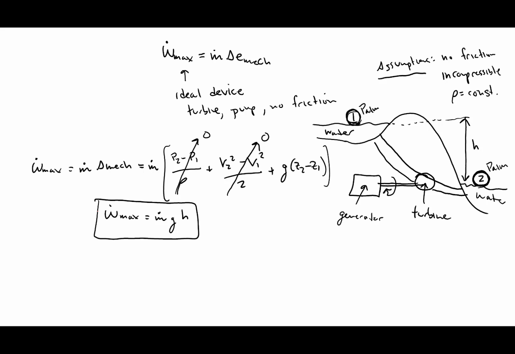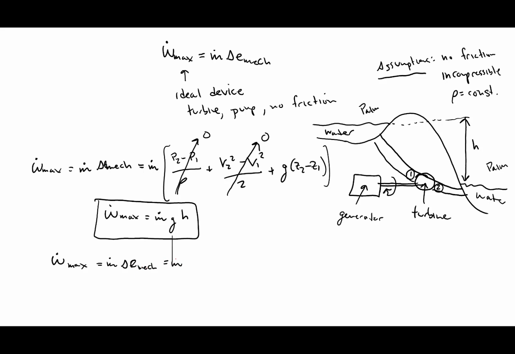So now let's look at something. What if we had specified our reference points as right here and right here? So let's rewrite our equation. So the maximum work is equal to the mass flow rate multiplied by delta E mechanical. So mechanical energy, there should be an E right there.